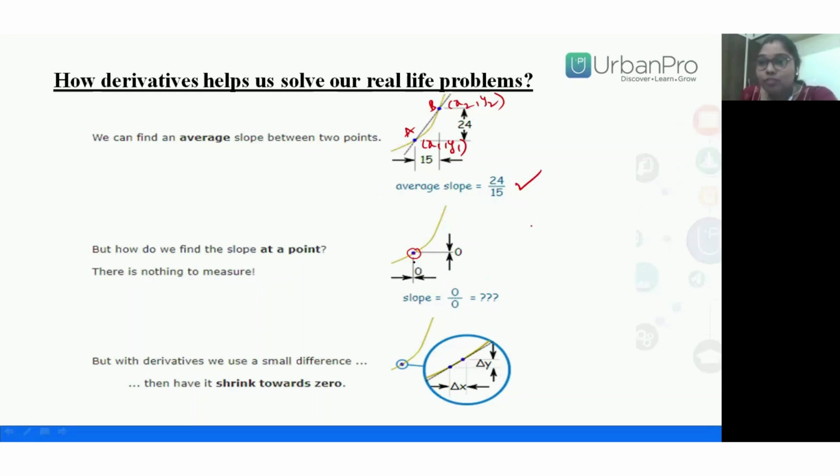So if you want to find y2 minus y1 by x2 minus x1, you will get 0 because there is no difference between y2 and y1. And what about x2 and x1? That is also 0. So this doesn't work. You cannot find slope at a particular point. So now we understood it's a real serious problem for us to find slope at a particular point.